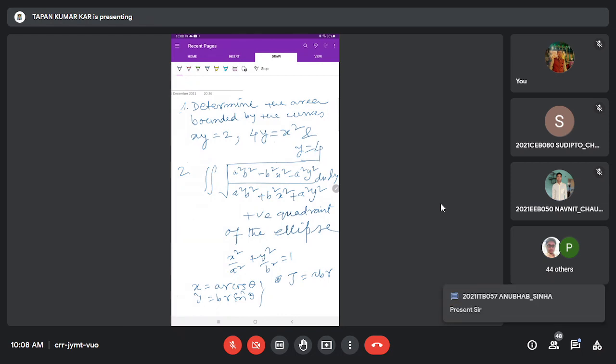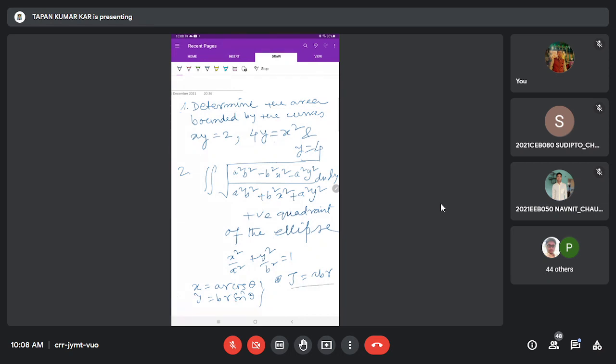Then it will be easier to evaluate, the same thing that you have done for the earlier example, because if you divide by a square b square, it will be 1 minus x square by a square minus y square by b square, and in the denominator 1 plus x square by a square plus y square by b square.